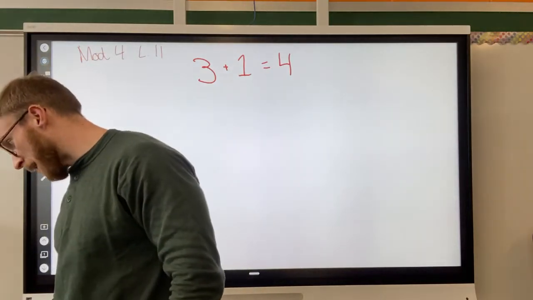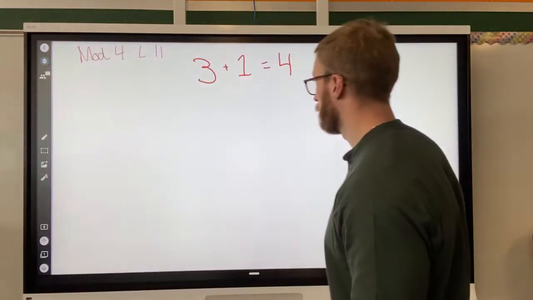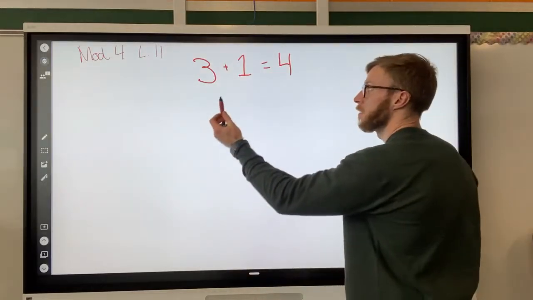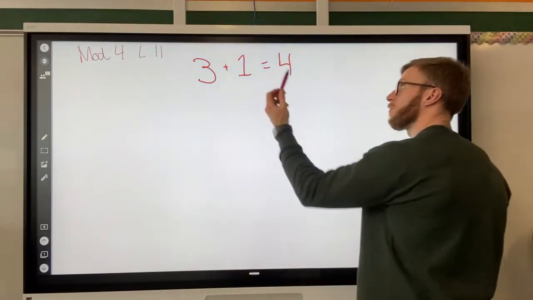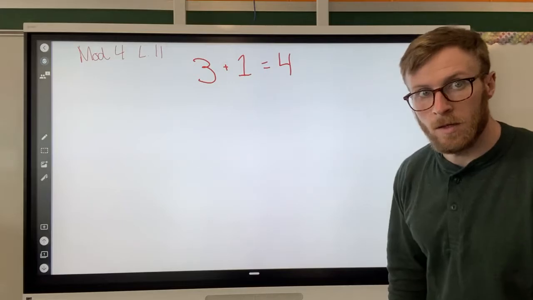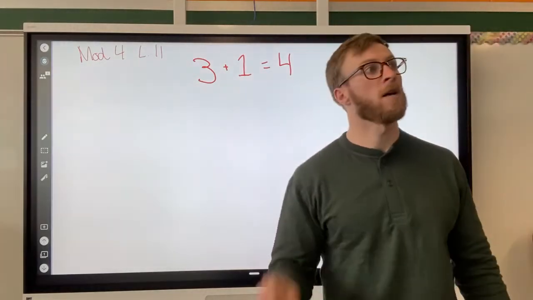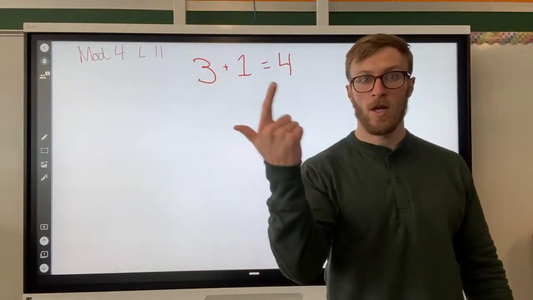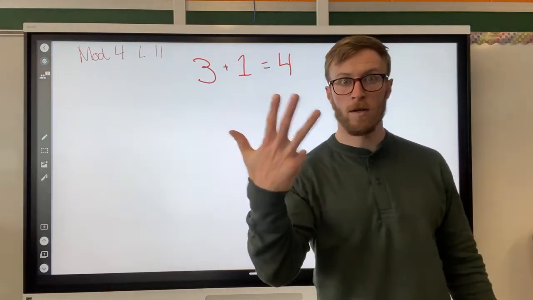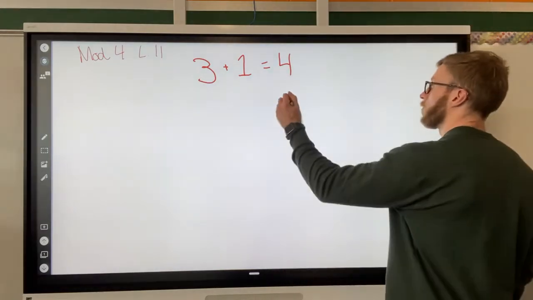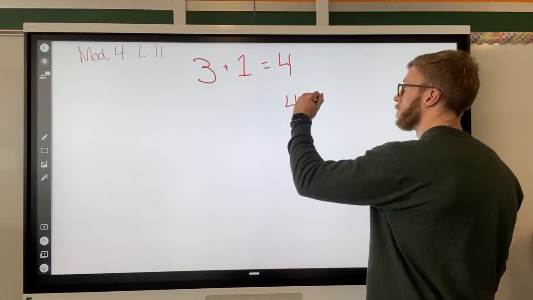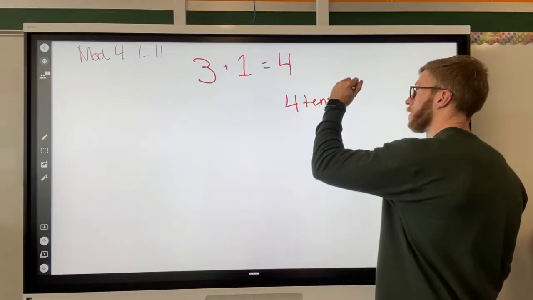Now, if we were to read that as tens, 3 tens plus 1 10 equals 4 tens. And if we count by tens 4 times, 10, 20, 30, 40, 4 tens must equal 40.